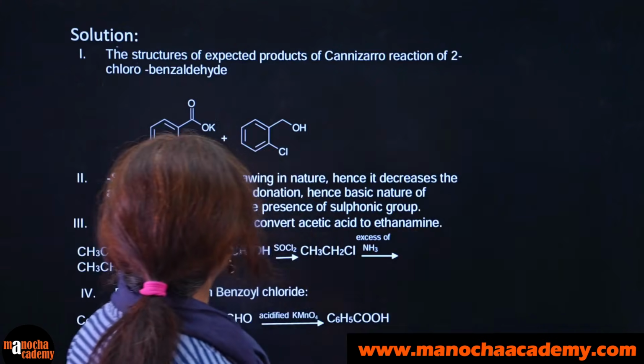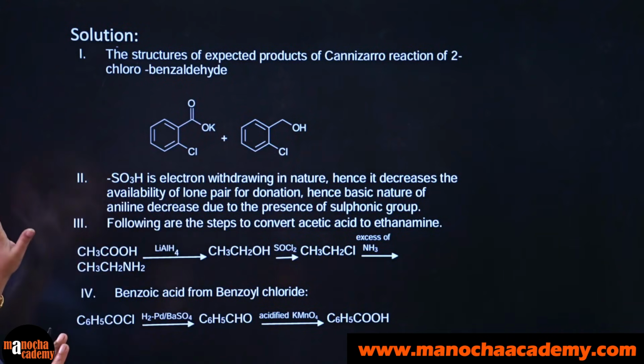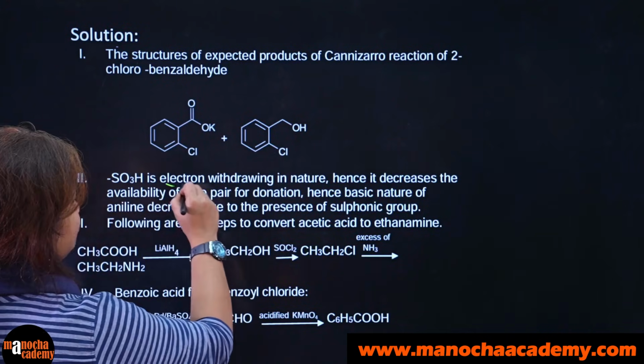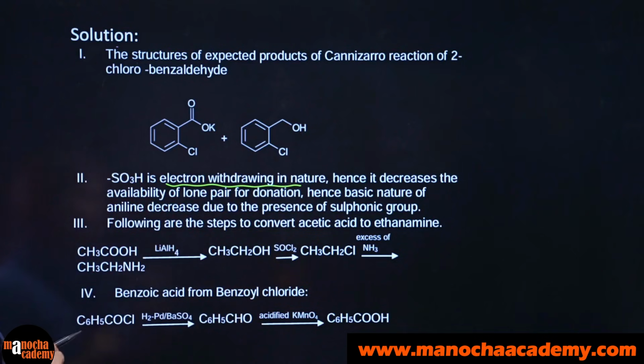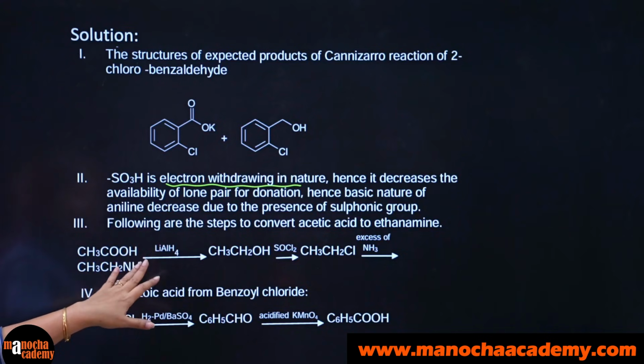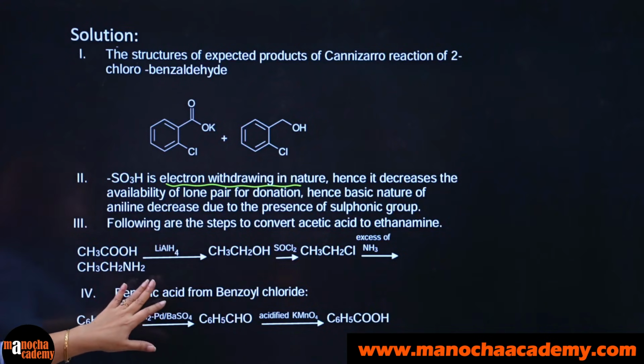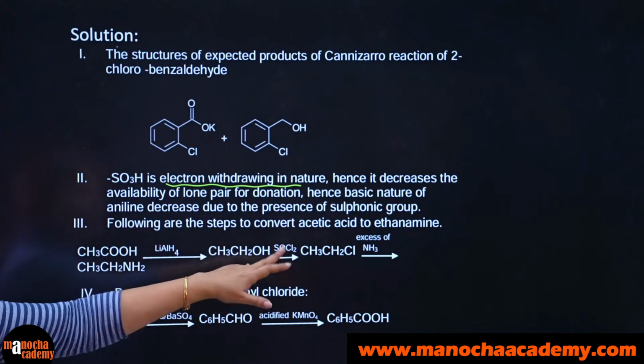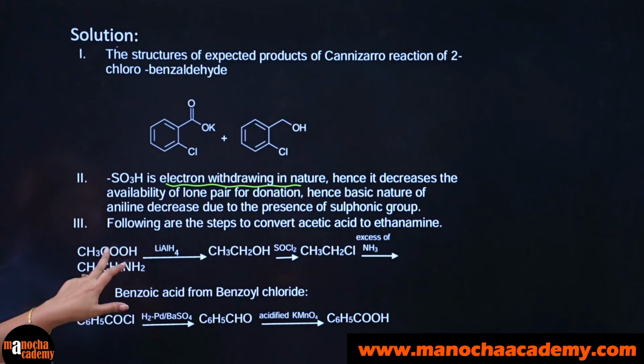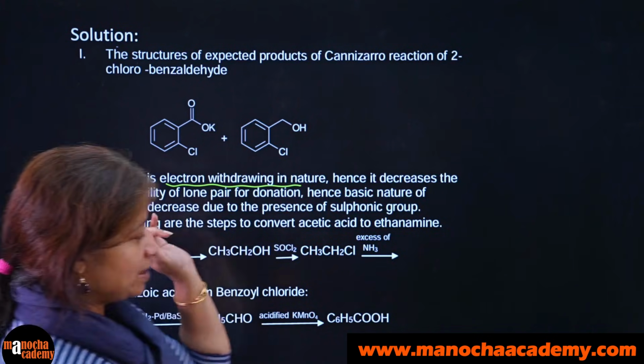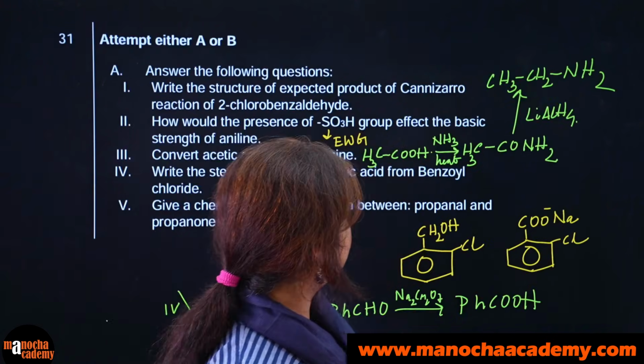You can have a look at the answers. Since I have drawn, as I told you, the electron withdrawing group is the main part. Here they have done it like this, but I have shown it in much fewer steps. See, they have gone a long way round. You don't have to. Direct, my better conversion is this, which I have shown.